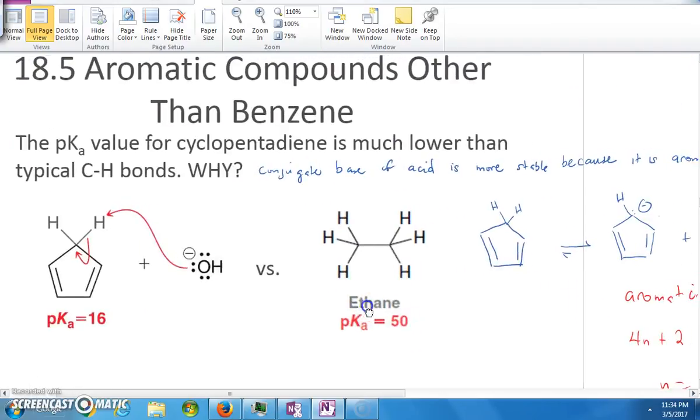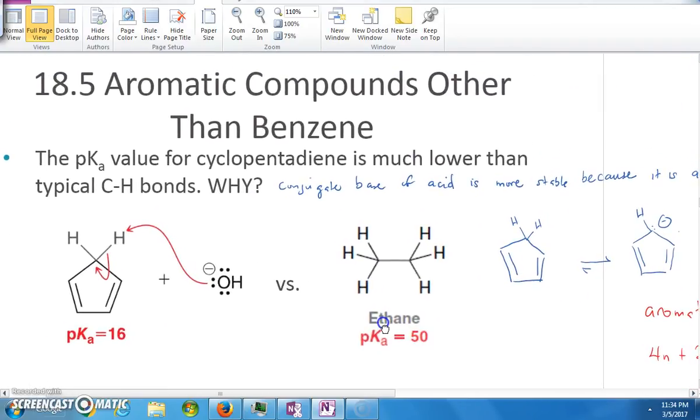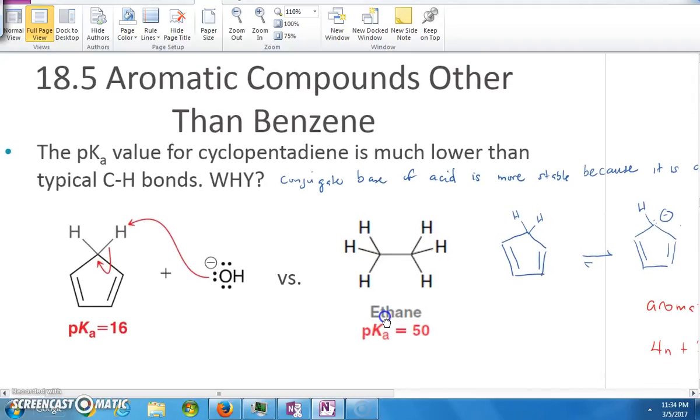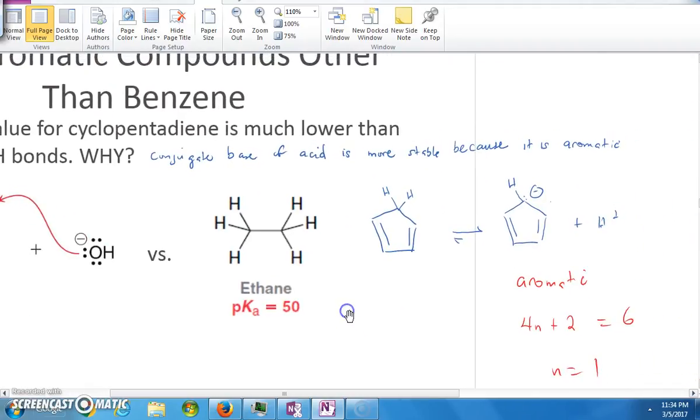Now we have evidence that this anion is exceptionally stable, and the reason it's exceptionally stable is because it's aromatic. You can see here the equilibrium favors the right side, because it's exceptionally stable due to the fact that it's aromatic.